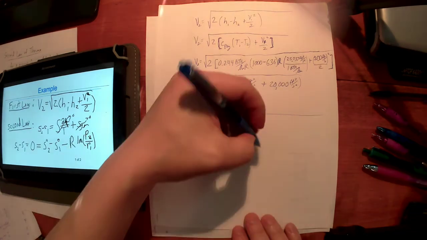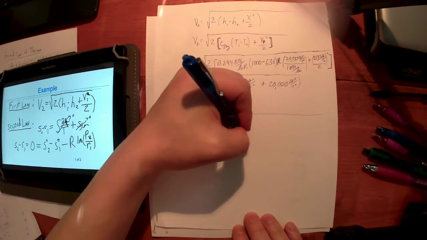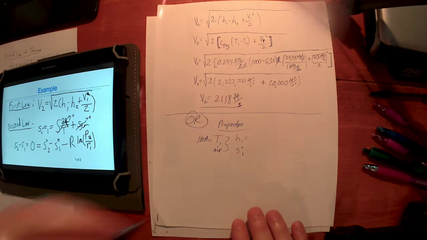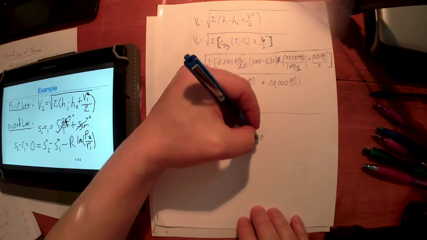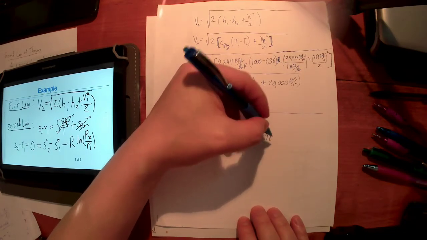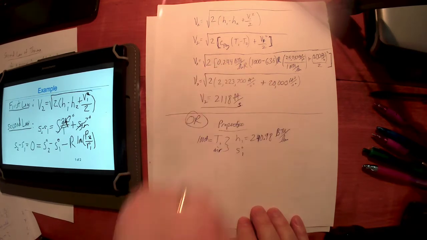I'm going to tell you, though, that at 1,000 Rankine, h1 ends up being 240.98, and those are BTUs per pound mass.